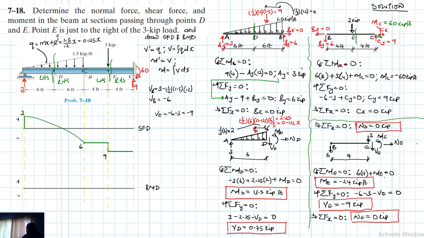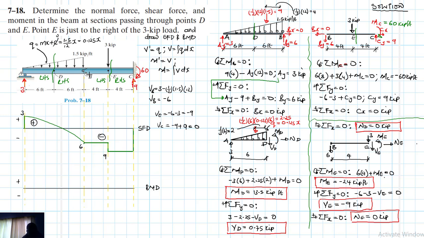So our shear at VC is just going to be equal to minus 9 plus 9, which is just equal to 0. So it's the one that is just closing up our diagram like so. Okay, so there we are done with our shear diagram. This is plus, this is minus.